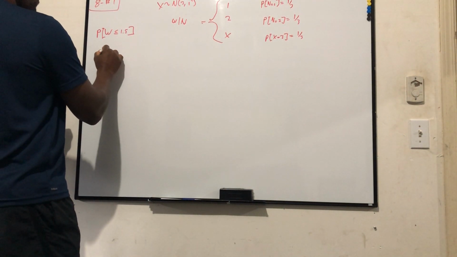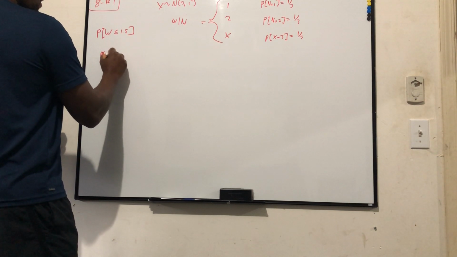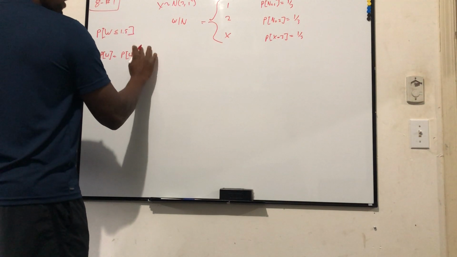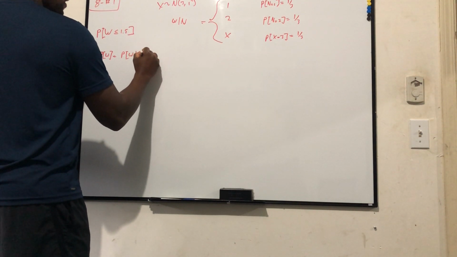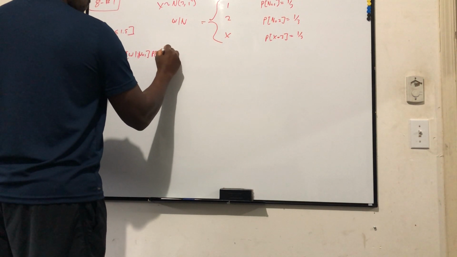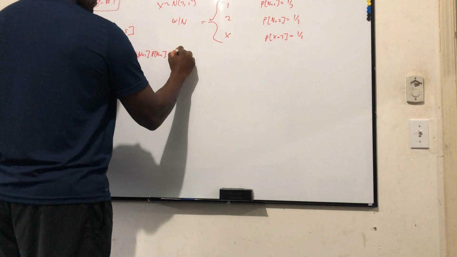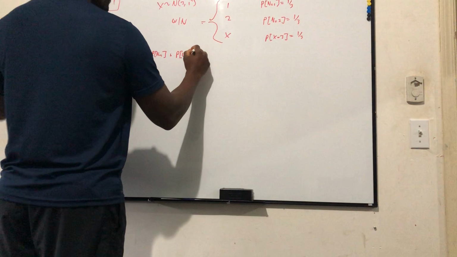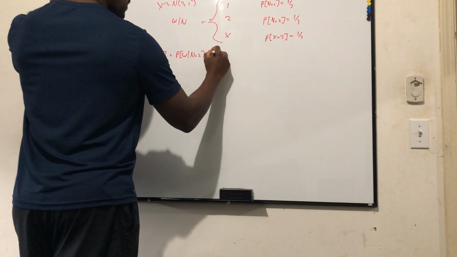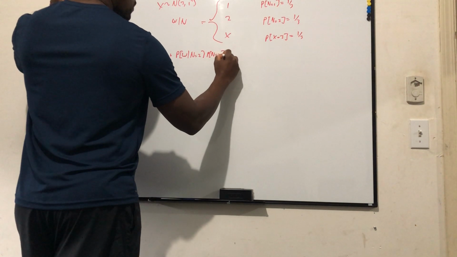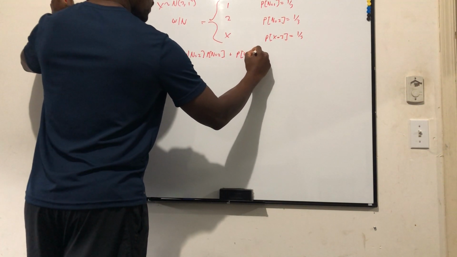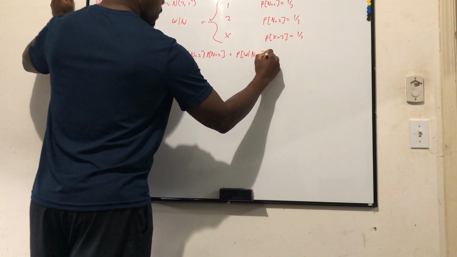The probability of W is equal to the probability of W given N equals 1 times the probability of N equals 1, plus the probability of W given N equals 2 times the probability of N equals 2, plus the probability of W given N equals 3 times the probability of N equals 3.